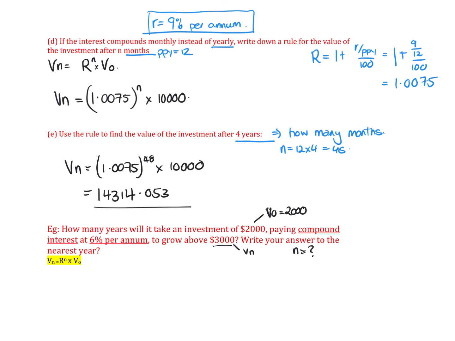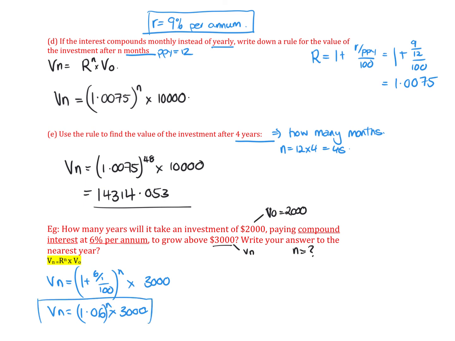So let's write the nth term formula for this scenario. The R would be 1 plus the rate, which is 6 over 100, times 2,000. If I simplify that out, it's 1.06 to the power of n times 2,000. That is the nth term formula.